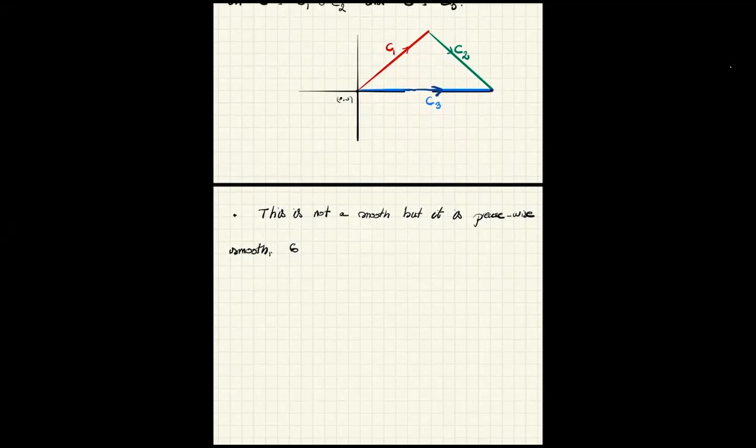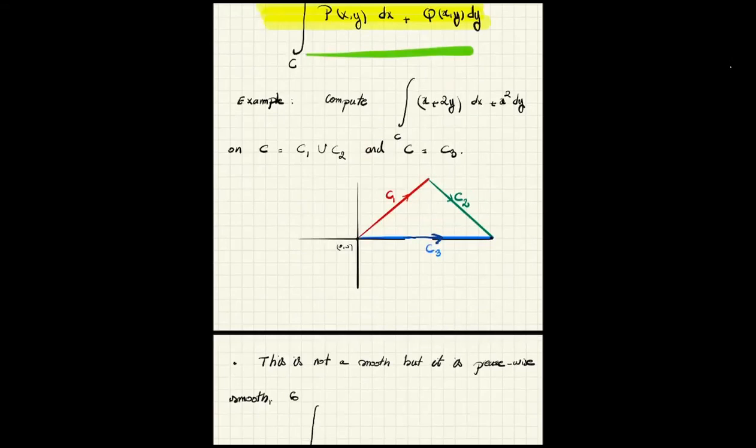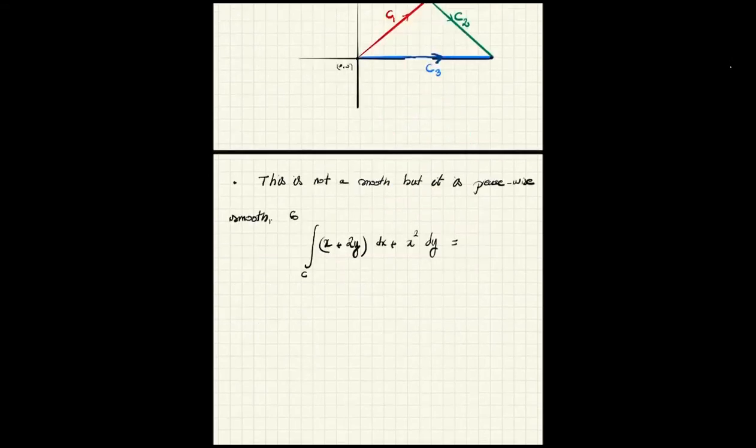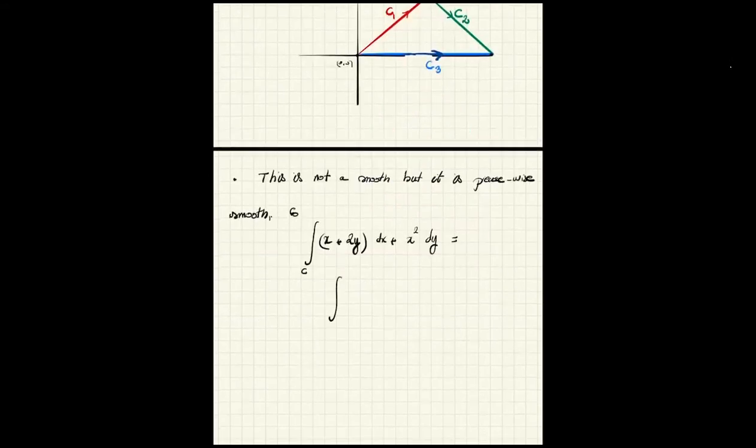So the integral on C of (x plus 2y) dx plus x squared dy is equal to the integral on C1 of the whole thing.